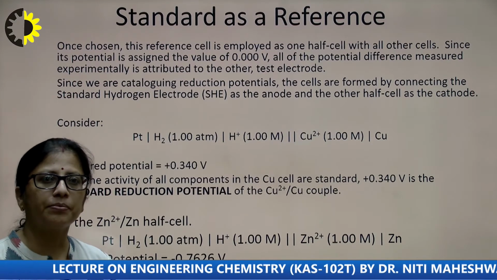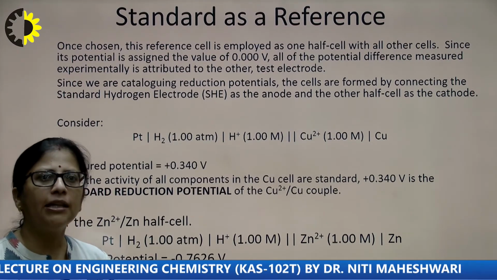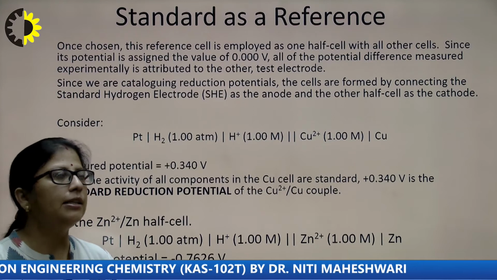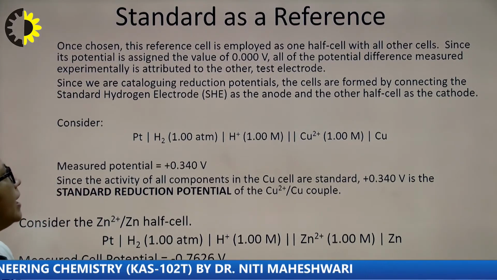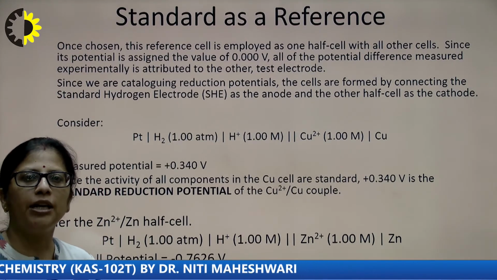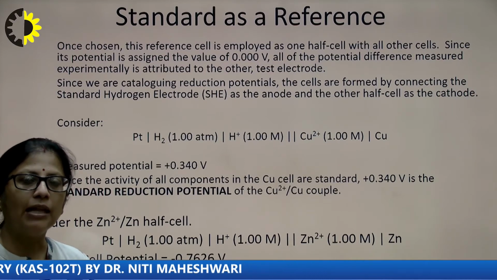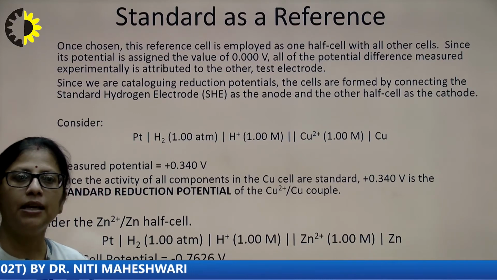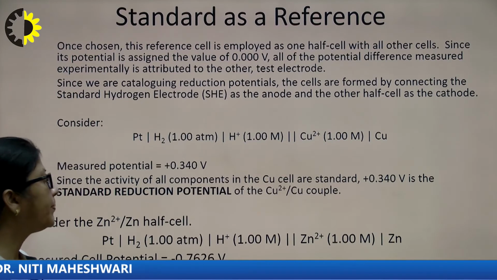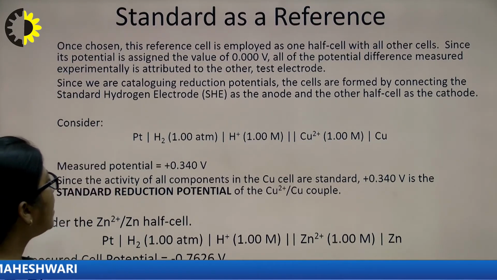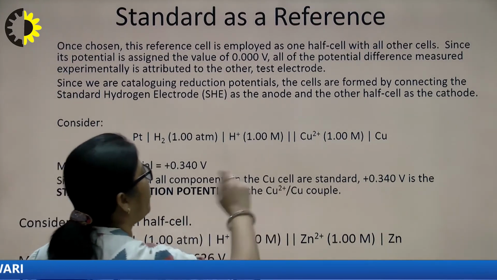Since now we are cataloging the reduction potentials, these cells are formed by connecting the standard hydrogen electrode as anode and the other half cells as the cathode. So, here I have connected my standard hydrogen electrode with the copper electrode.